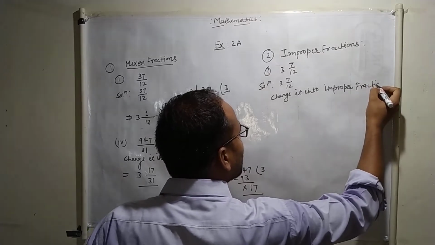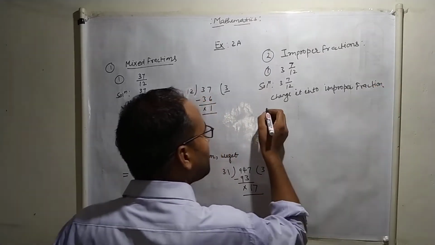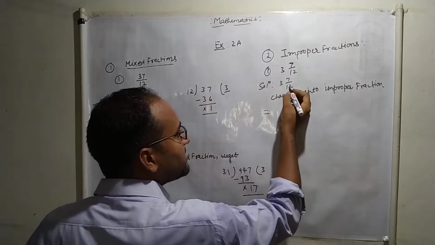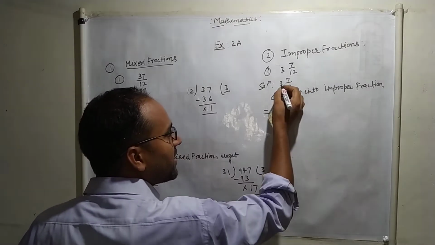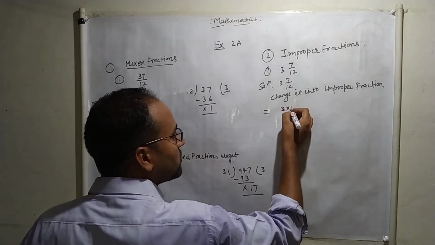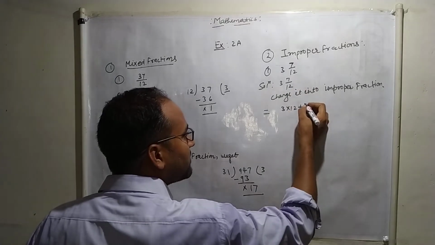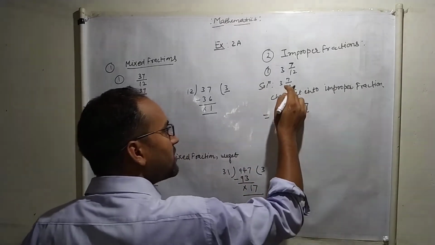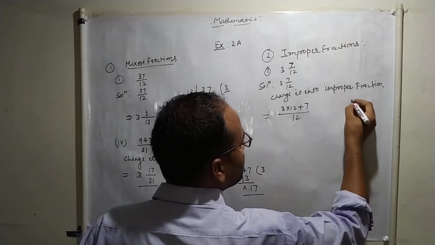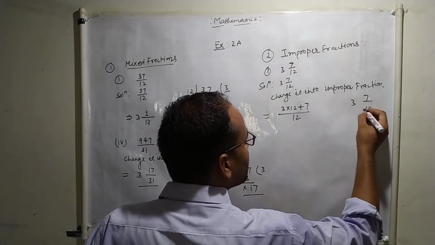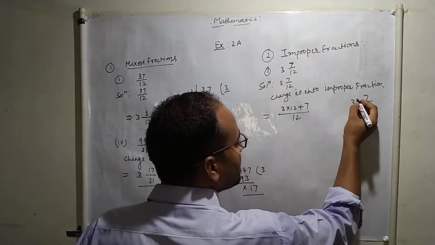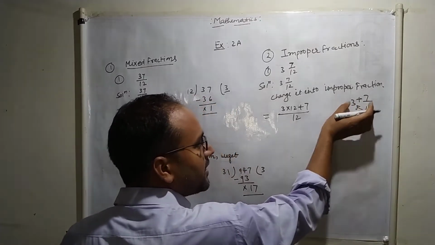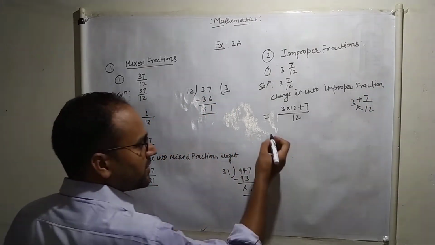Change it into an improper fraction, we get. So it is very easy. This denominator is going to be multiplied with this whole number, 3 into 12, and add the numerator upon the denominator. 12 is going to be multiplied with 3, and whatever product you get, you will add 7.